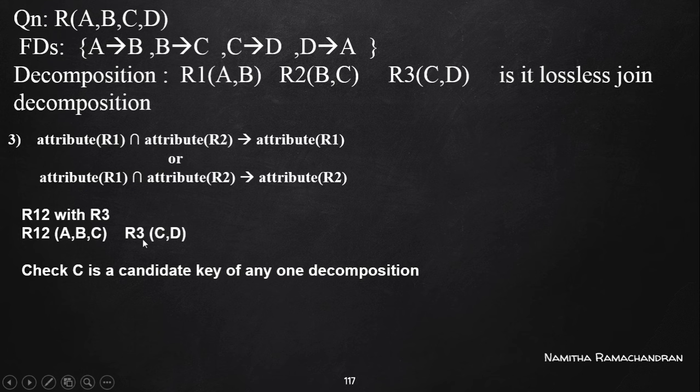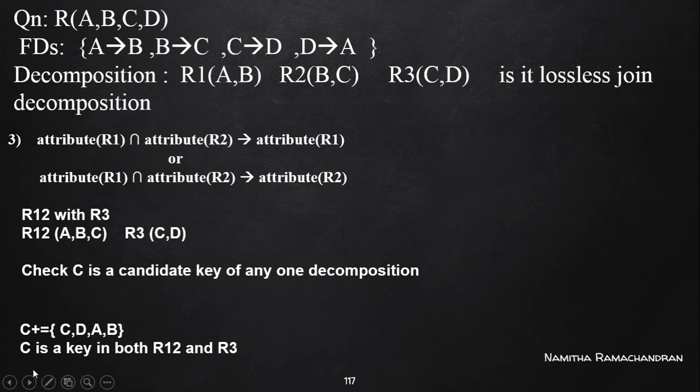For that, we find the closure of C based on the given dependencies. In the closure set, C is directly added, then C derives D, D is added, D derives A, A is added, A derives B, B is also added. So this is the final closure set of C.